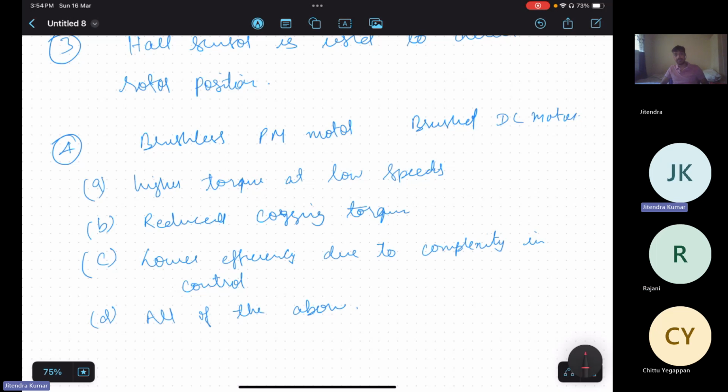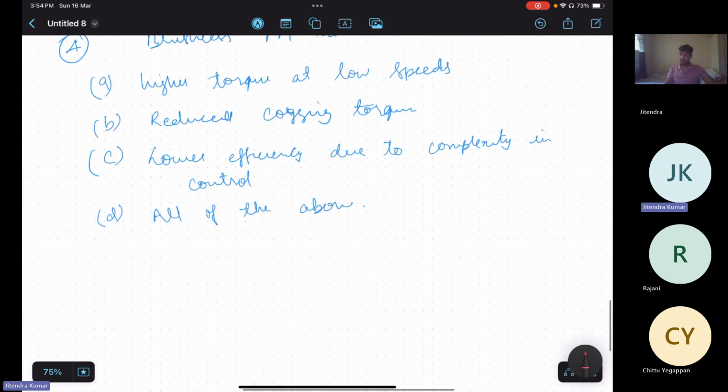So due to electronic commutation, every time this torque curve will go like this. If you might be aware of switched reluctance motor characteristics, or BLDC in fact, at the time of commutation it goes like this, isn't it? And it is what is causing torque ripple, because at every switching you have a dip there.